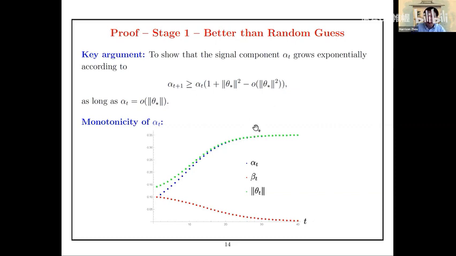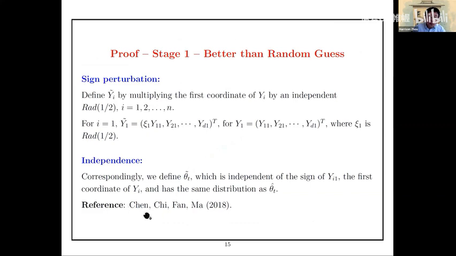We succeeded by learning from a brilliant paper by Princeton scholars. They introduced a technique called sign perturbation. We have our original data, y1 to yn. Only the first coordinate has signal, the rest do not have signal. We perturb the first coordinate by multiplying it by an independent random marker, -1 or 1 with half probability.